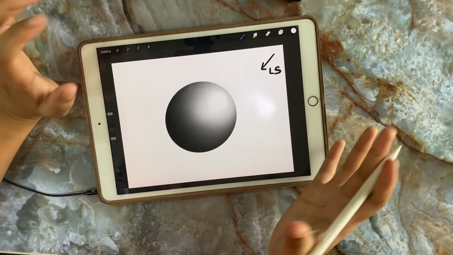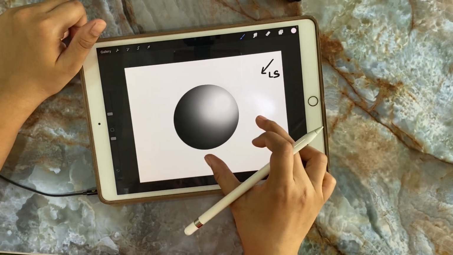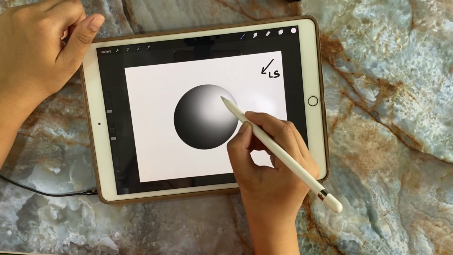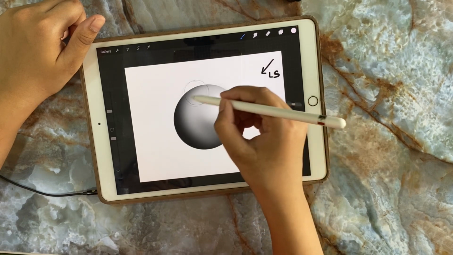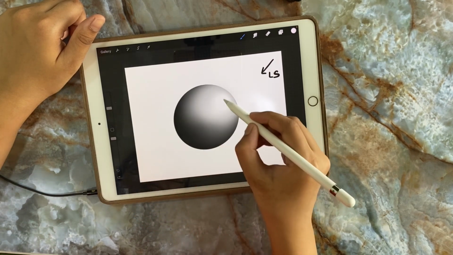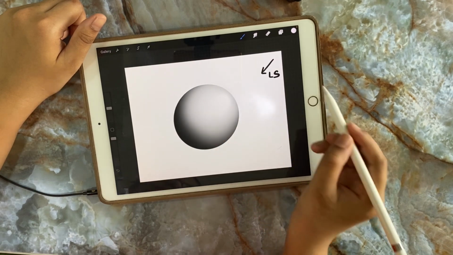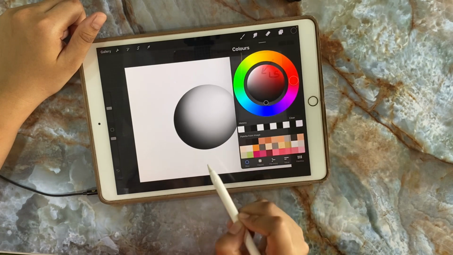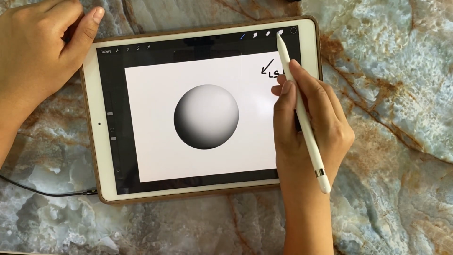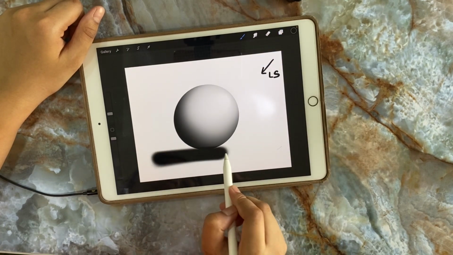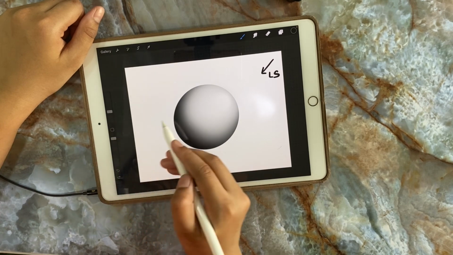So is that it? Is this the only thing that you have to consider when shading? No. Since you have the shadow, you will also have a cast shadow. That is right here. You will have a shadow. See here, but not like this. So I'll create the shadow now.